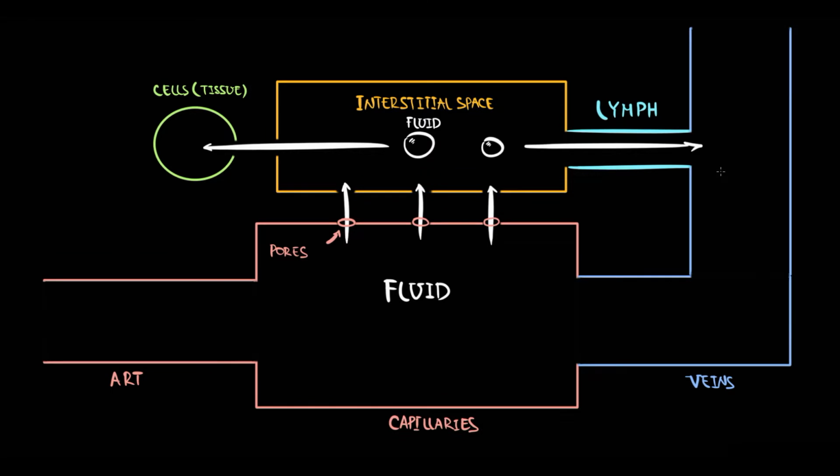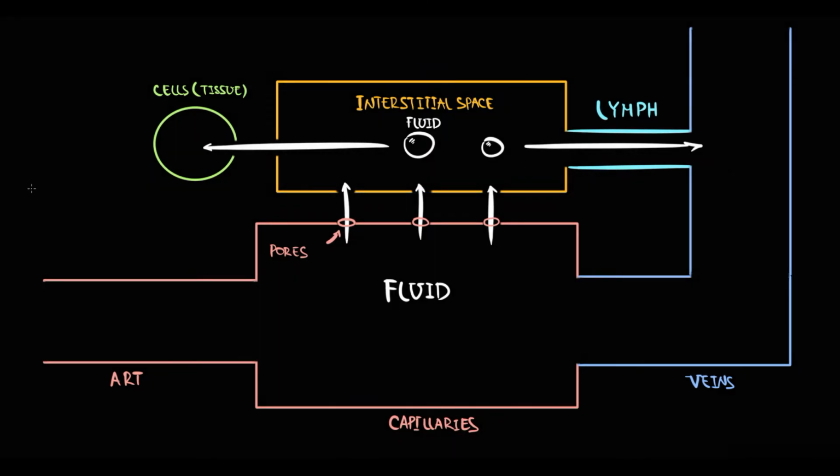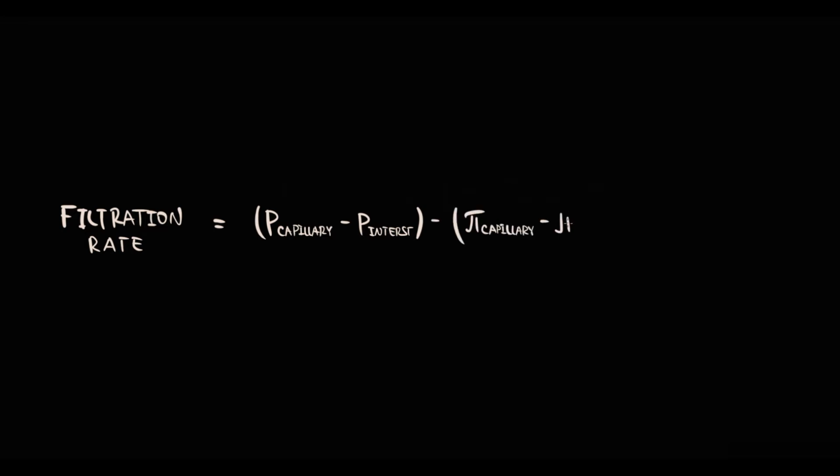The amount of fluid that crosses capillaries and enters the interstitium depends on the filtration rate, and filtration rate is described by the Starling equation. Filtration rate is equal to the hydrostatic pressure difference between capillary and interstitium minus the oncotic pressure difference between capillary and interstitium, and is directly proportional to hydraulic conductivity.